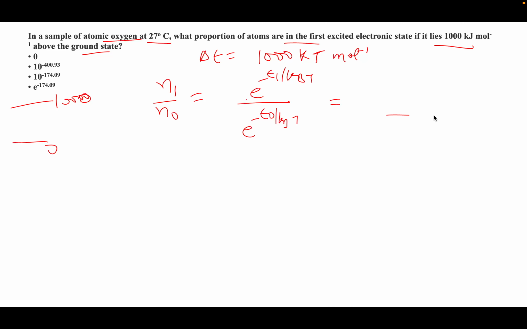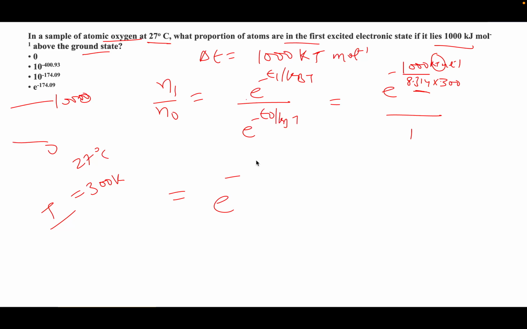So this is e to the power 0, that is 1, e to the power minus 1000 kilojoule per mole divided by kB T. kB is 8.314 into temperature, 27 degrees Celsius, that is 300 Kelvin. This is in kilojoule and this is in joule, so we need to balance this equation also.